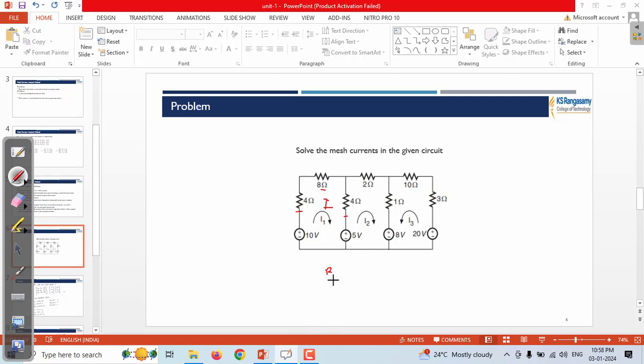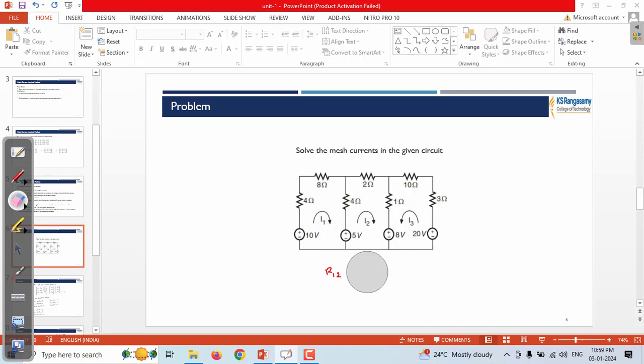What is the common value between 1 and 2? This is 4, between loop 1 and loop 2. Like that, between 2 and 3, the common resistance is 1, so R23 is 1. For R31, between 3 and 1 there is no value, so we make it 0.